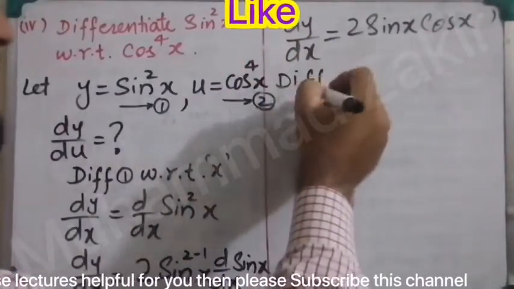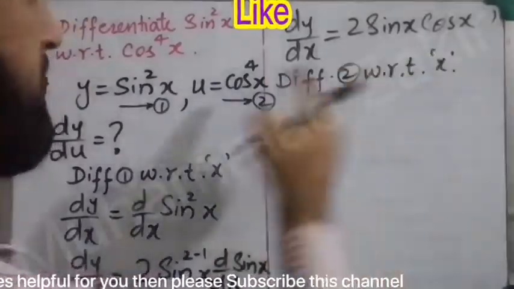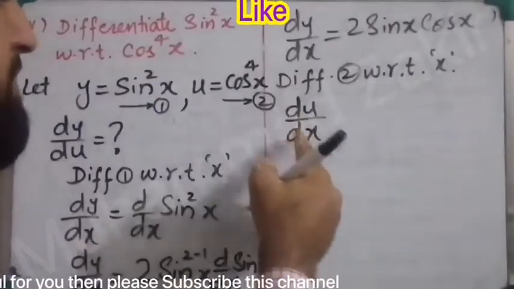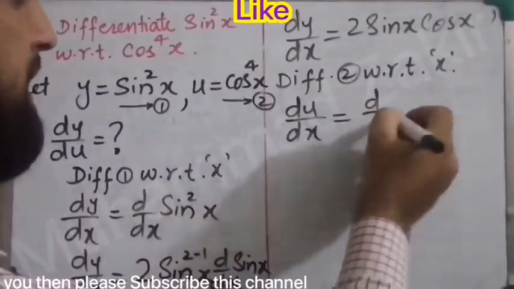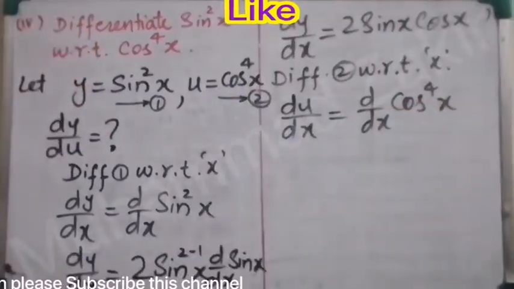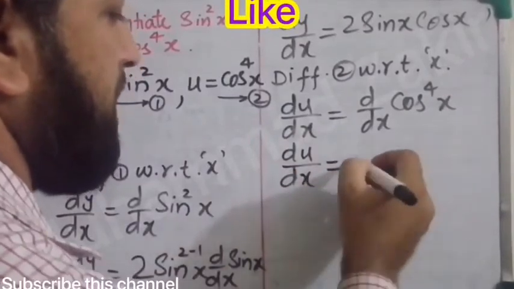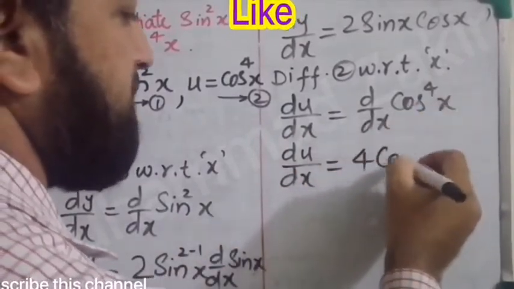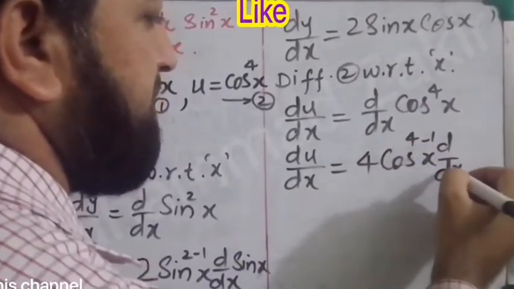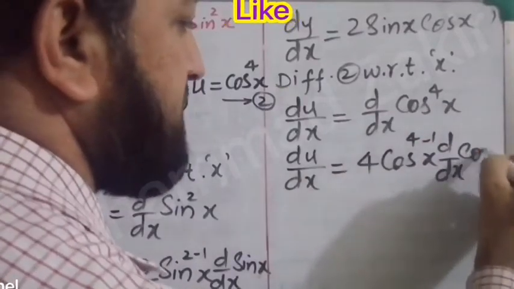This is y differentiated with respect to x. Now we differentiate 2 with respect to x. 2 is u, so du by dx is the derivative with respect to x of cos power 4x. Now students, we will apply the power rule on it also. Du by dx: the power rule brings the power in the beginning, then we subtract 1 from the power, and d by dx of the function without power, which is cos x.